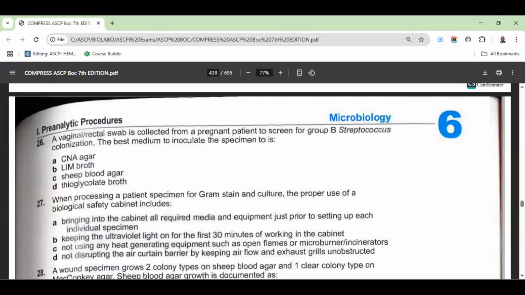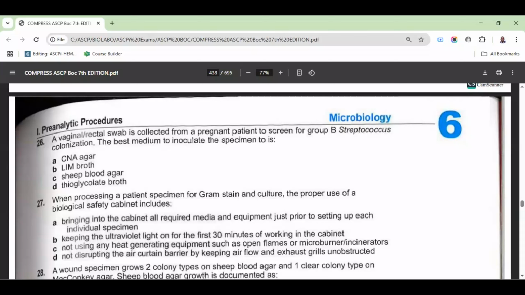So now we have this one. We have a collected vaginal swab from a pregnant woman, and we want to screen for group B streptococcus. Which one is group B streptococcus, first of all? Streptococcus agalactiae.